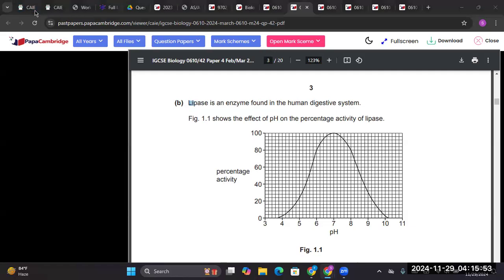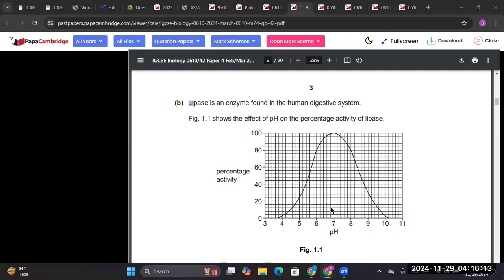I know the answer for it, but I don't know how to phrase it properly. Doesn't matter. Go ahead and say your answer, and I'll help you with the phrasing. The lipase will react with the pH, and at 7 it will be at its highest rate of reaction.